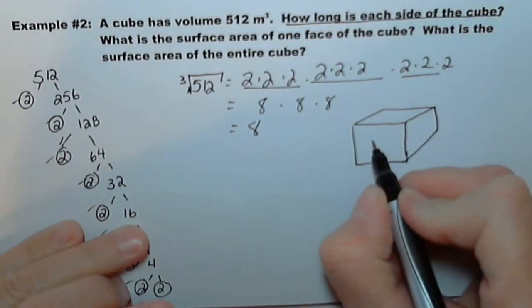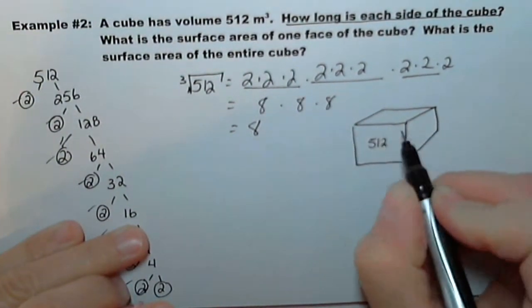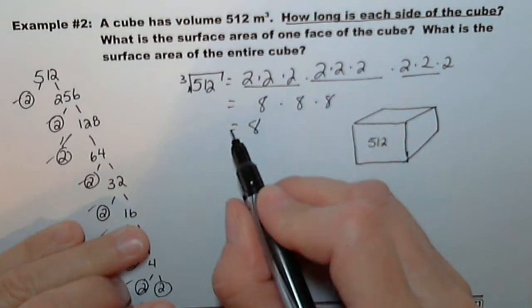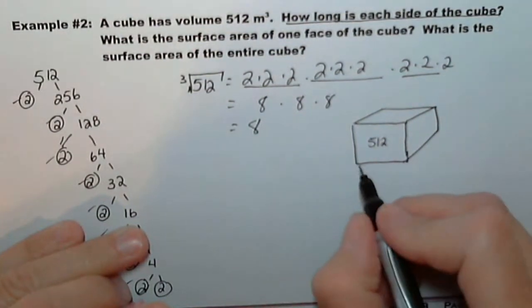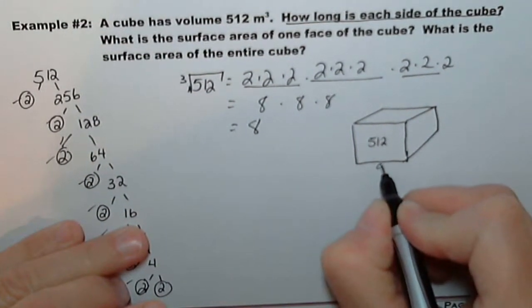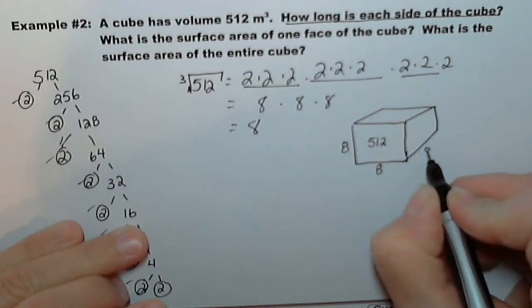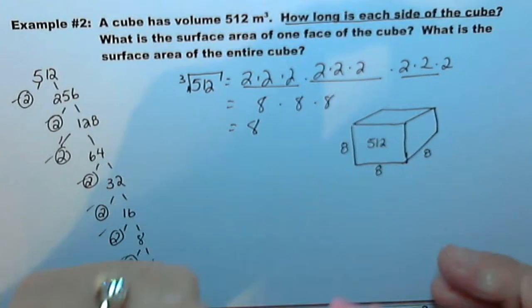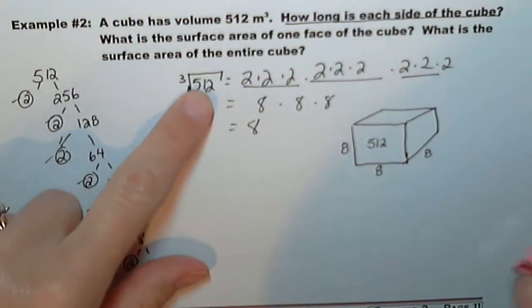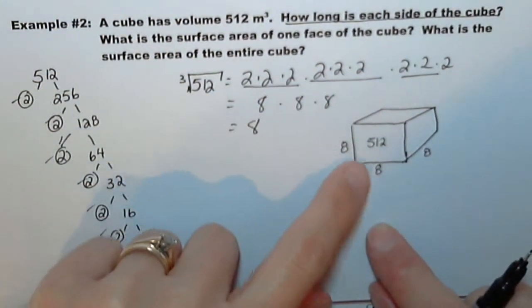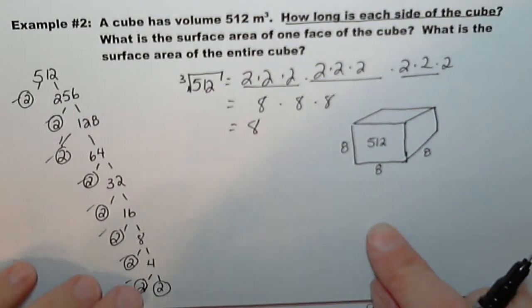So there's 512 of them in total here. And because I got an answer of 8, that means that I would have to build it 8 wide, 8 high, and 8 long of these for a total of 512 inside, because 8 times 8 times 8 is 512.